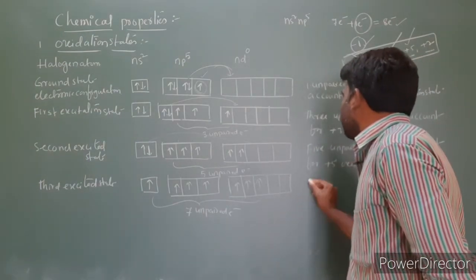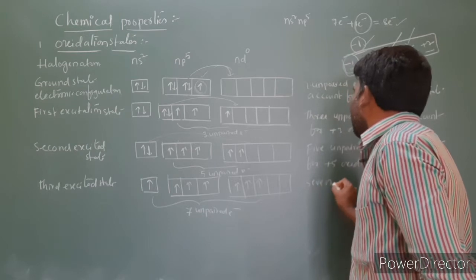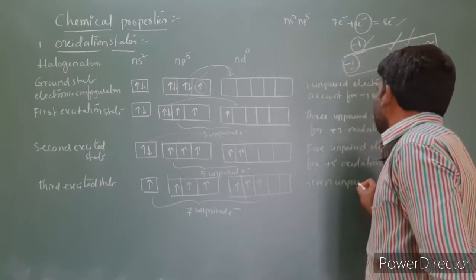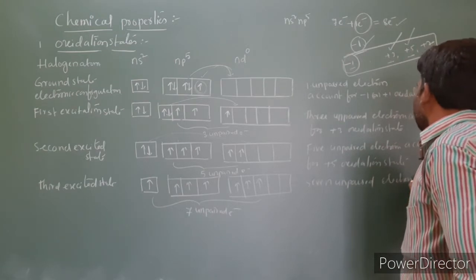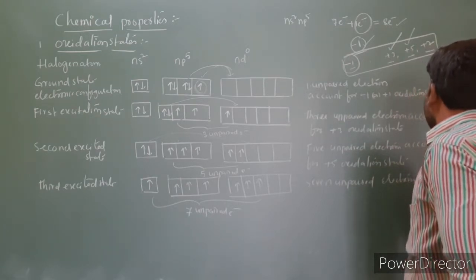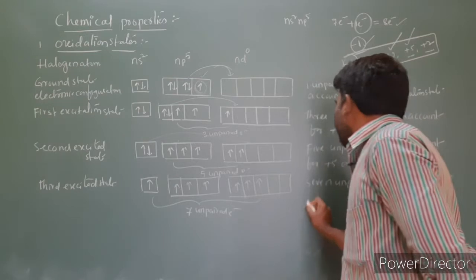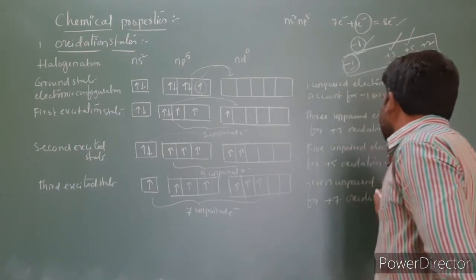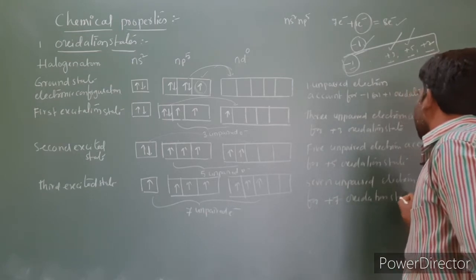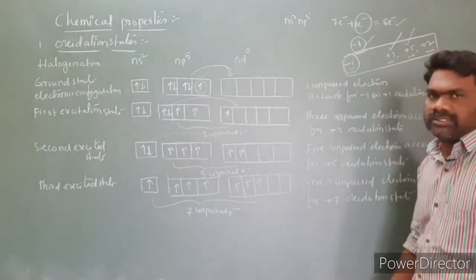7 unpaired electrons account for plus 7 oxidation state.